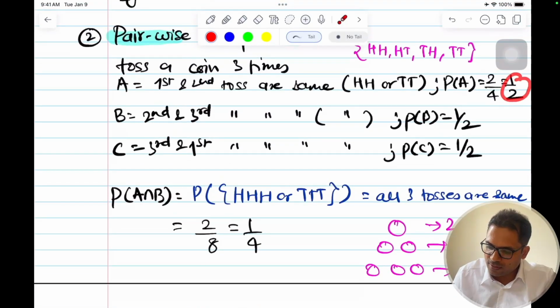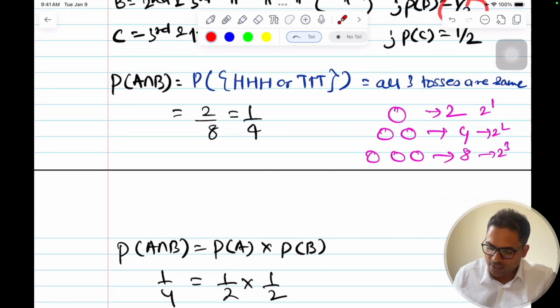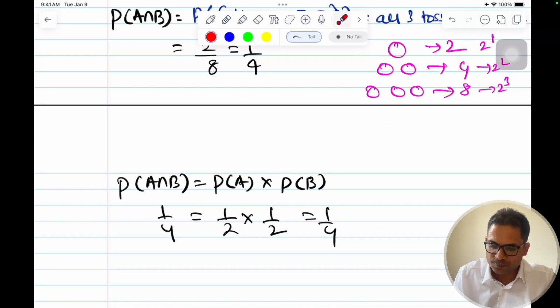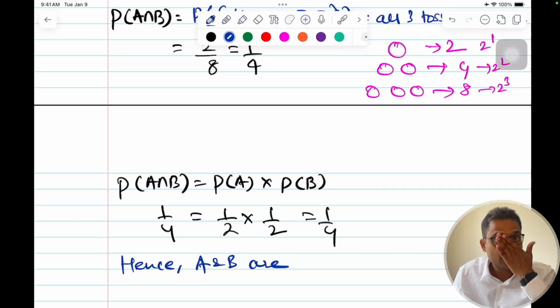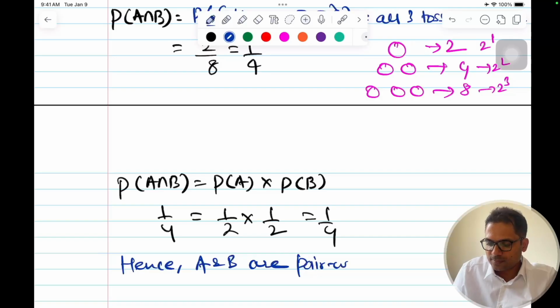PA was half and PB was half. So PA into PB, and you can see that both sides are equal to 1 by 4. Hence, we can say that A and B are pairwise independent.